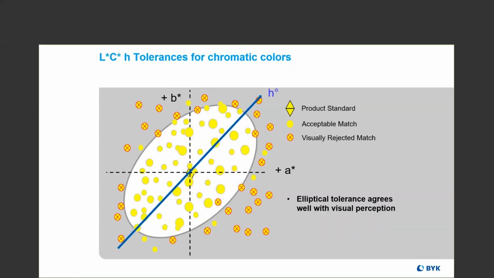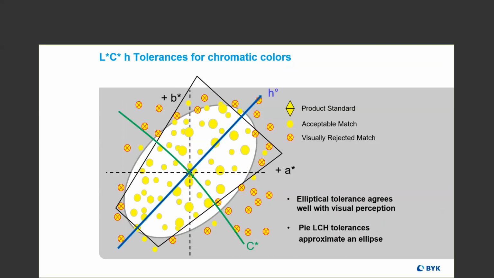We apply LCH tolerancing. That ellipse is almost always going to be oriented towards the center of LAB space. And so we can set tolerancing on the H value, the hue angle, and the C value, the chroma value. And what we end up with is this sort of pie slice type shape that fits better and is oriented better to fit this ellipse that describes our visual acceptability for this standard.